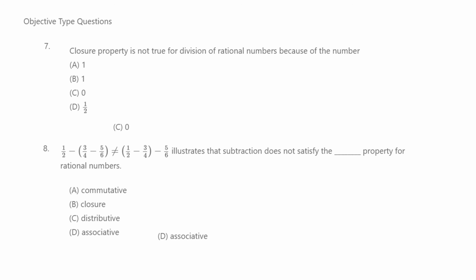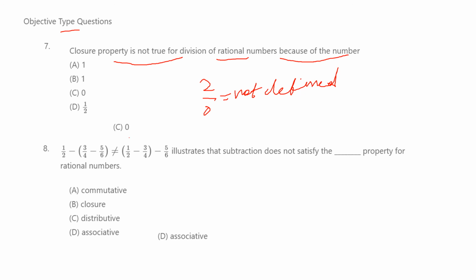Objective types. Closure property is not true for division of rational numbers because of the number. That means if we take 2 by 0, that answer is not defined. Therefore, that answer is because of the number 0 only.